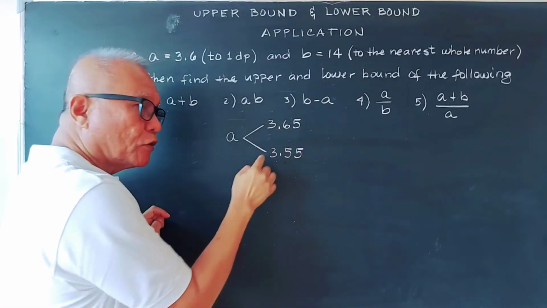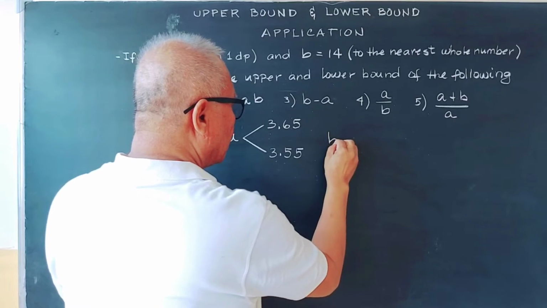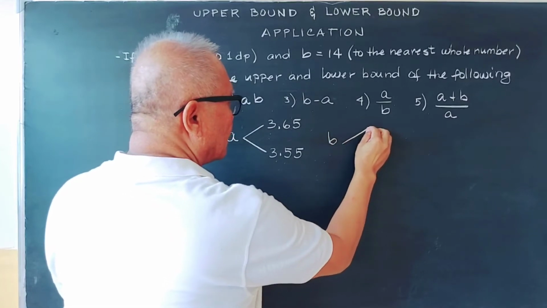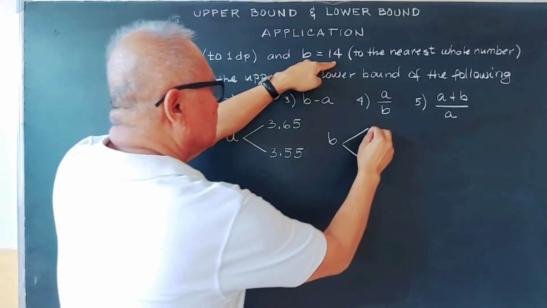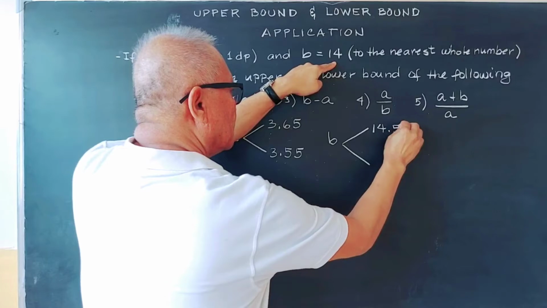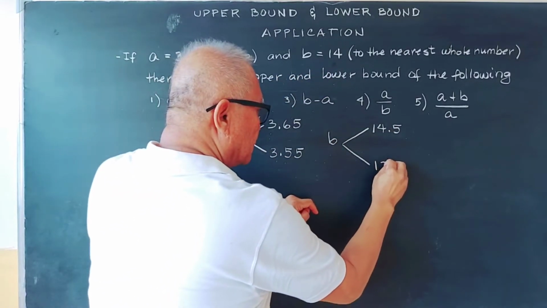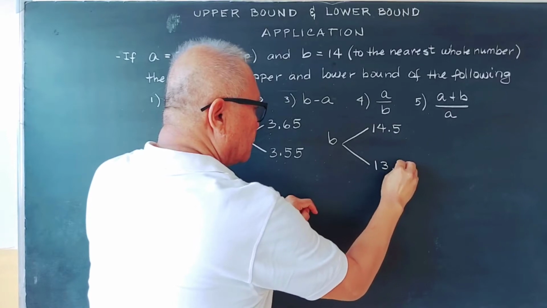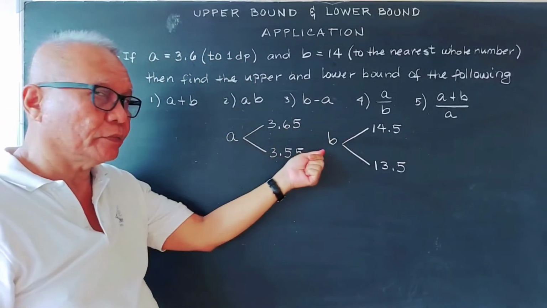So you have the upper and the lower bound of A. What about the B? For B, 14, the upper is 14.5 and the lower is 13.5. So I have the upper and lower of A and B.